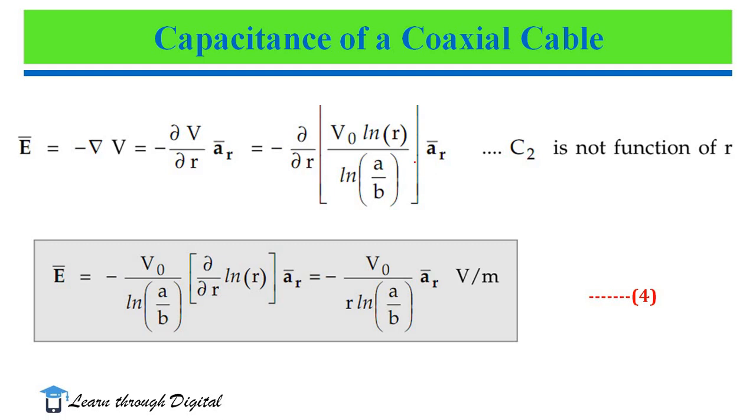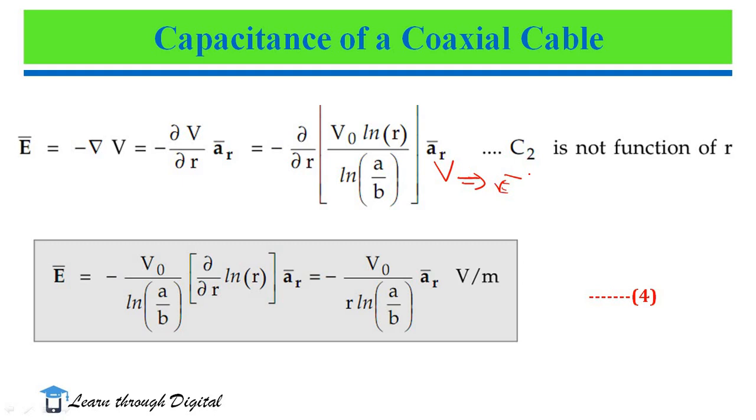Then from V, we derive the E vector. The electric field intensity is nothing but the negative gradient of potential. That is, E vector is equal to minus del V. Now we take the gradient of potential: minus dou V by dou r, a r vector.